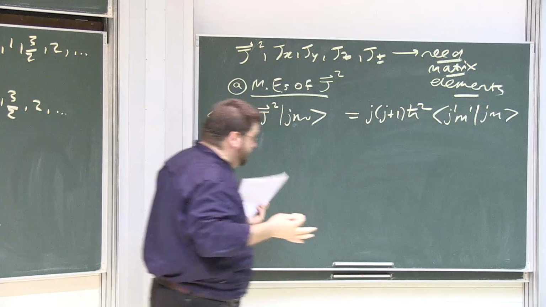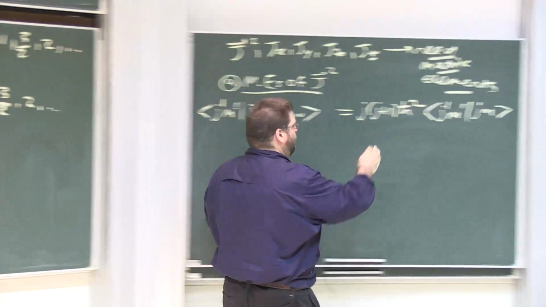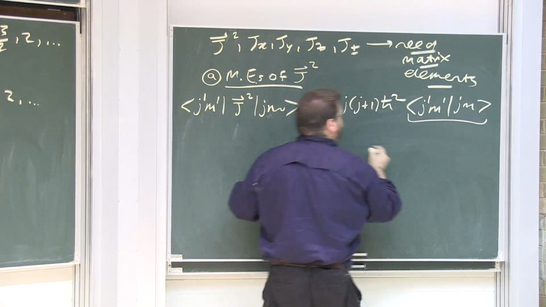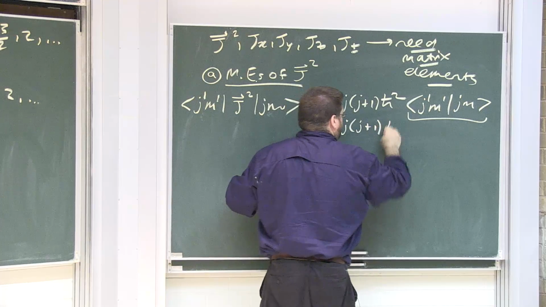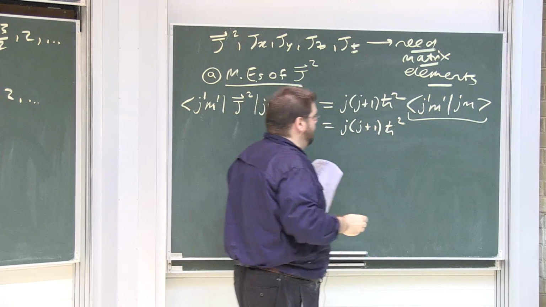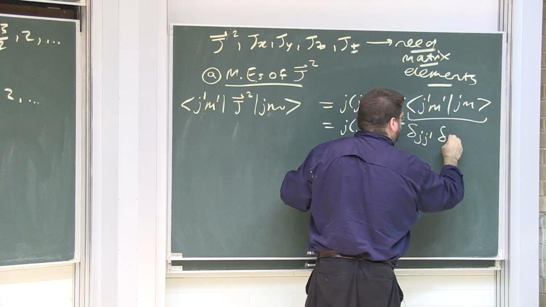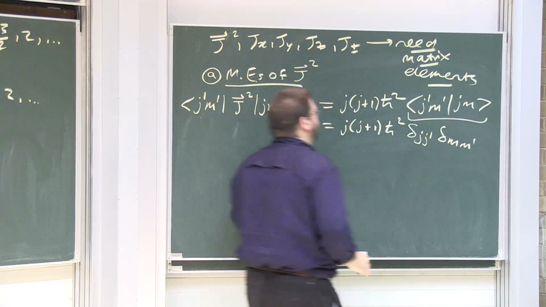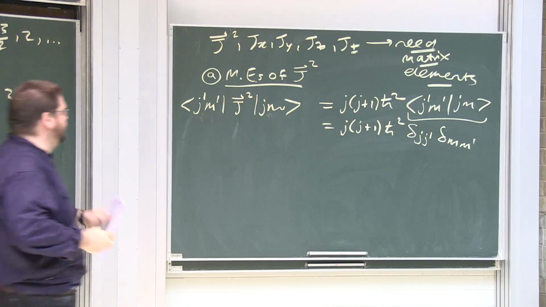Again, these generalized spherical harmonics are orthonormal. They're orthogonal and normalized. This thing will only equal 1 if the left and right hand sides are equal, if j equals j prime and m equals m prime. I would write that using the Kronecker delta notation as follows. And this is a four-dimensional diagonal matrix.